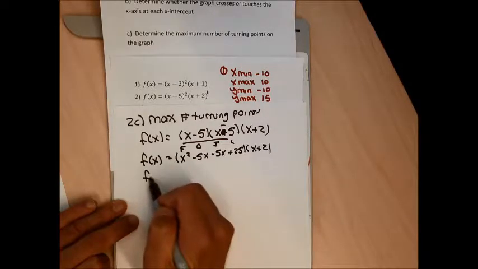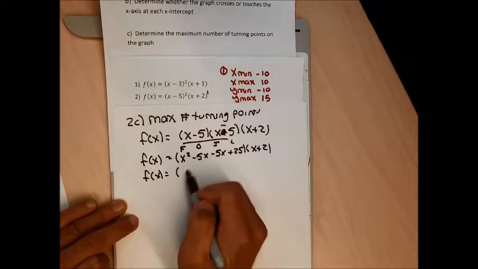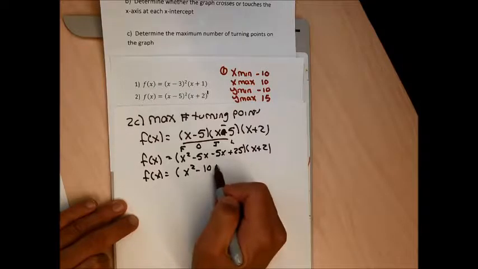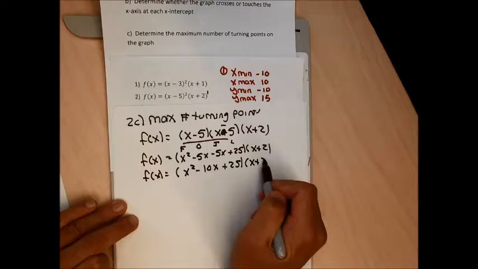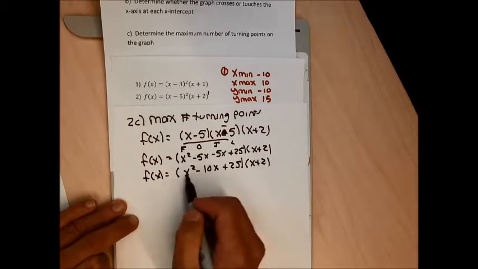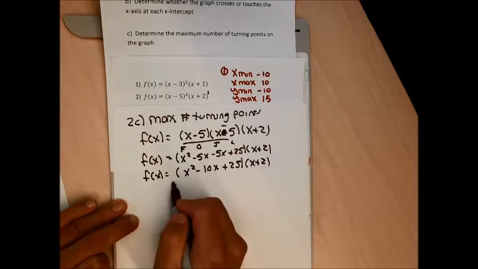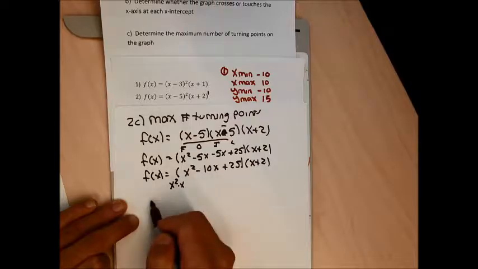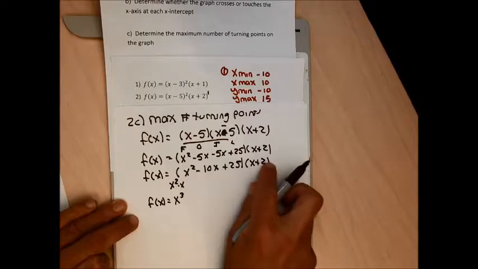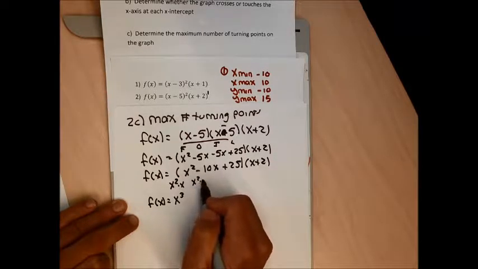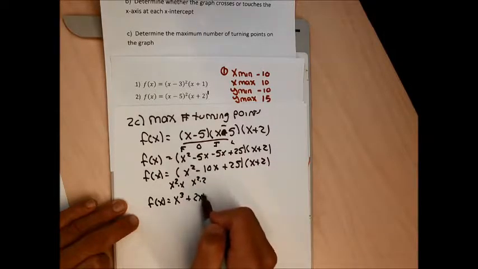This is going to give me f of x equals x squared minus 10x plus 25 times x plus 2. And now I'm going to go x squared times x, and that's going to be x cubed. And then x squared times 2, which is going to be 2x squared.